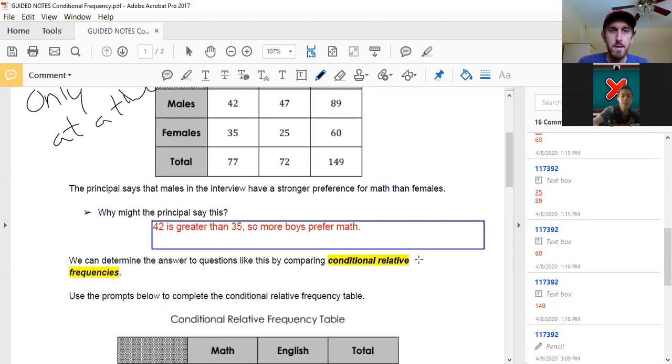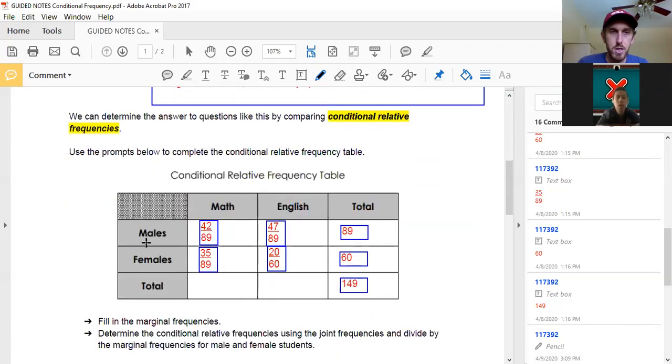Now let's look specifically just at the row of boys here. If we're just looking at the row of boys, what percentage of the boys prefer math? 42 divided by 89.